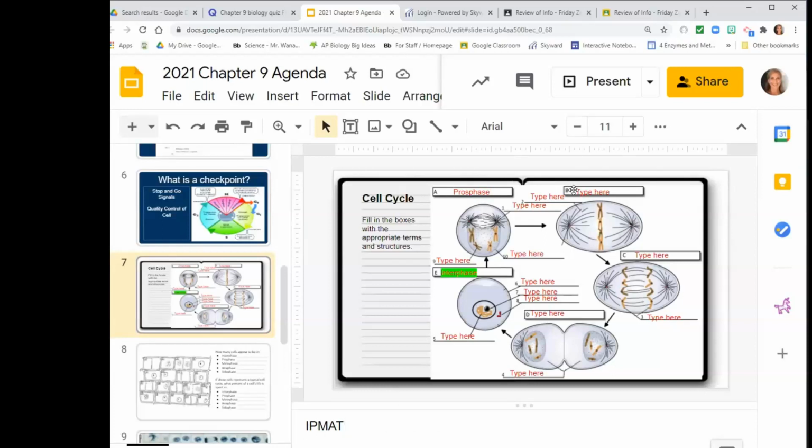The key is figuring out where it starts. Metaphase, they're all lined up at the equator. So chromosomes are in a line. Anaphase, I have 2 lines. The chromosomes are being pulled apart. And telophase, the cell is beginning to split. Perhaps cytokinesis happens during this time.